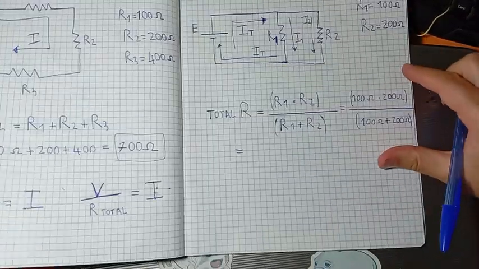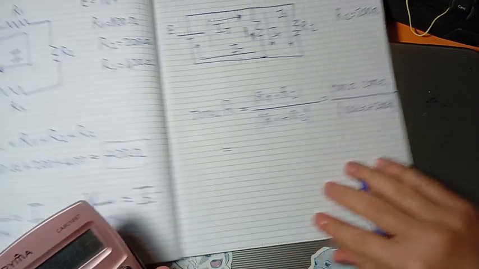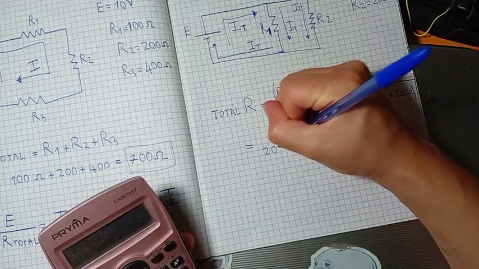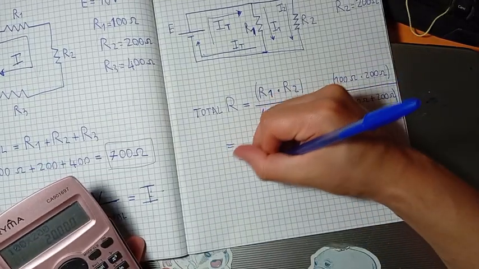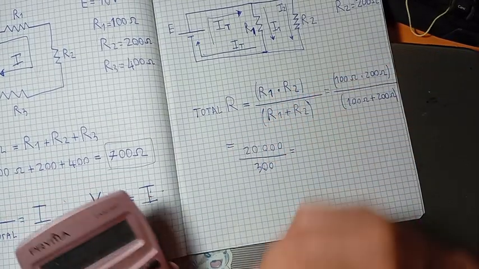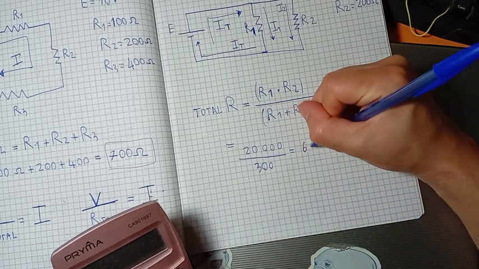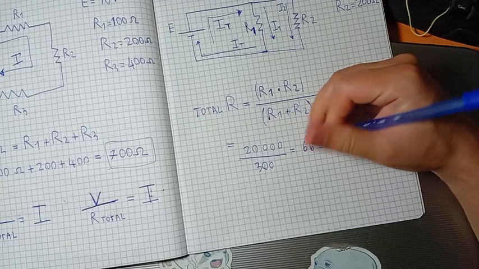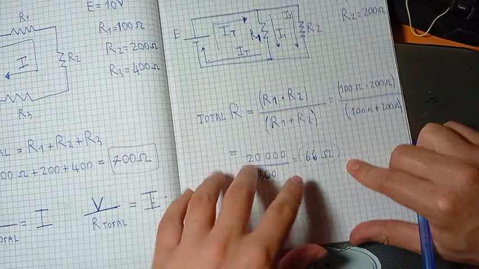And so it will be 20,000 divided by 300. The result will be 66 ohm. Okay, this is the value of the total resistance.